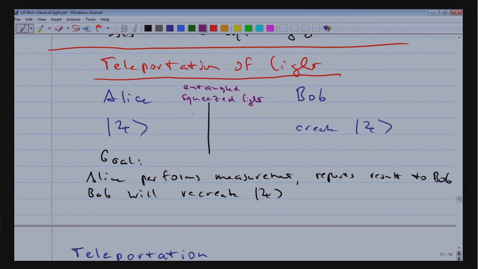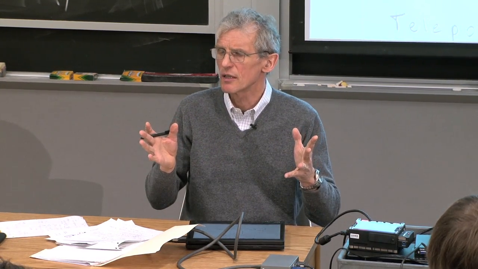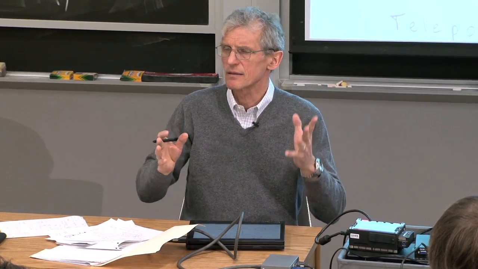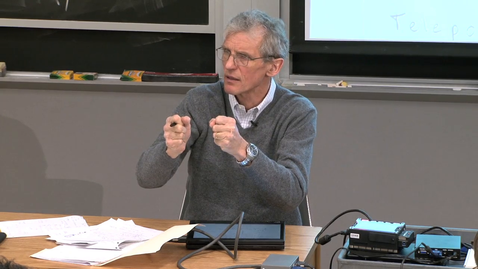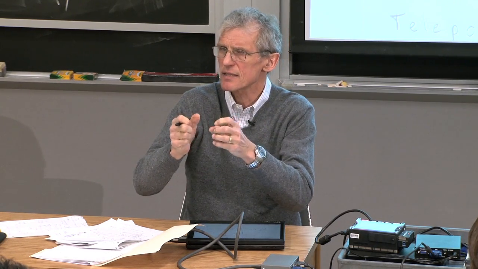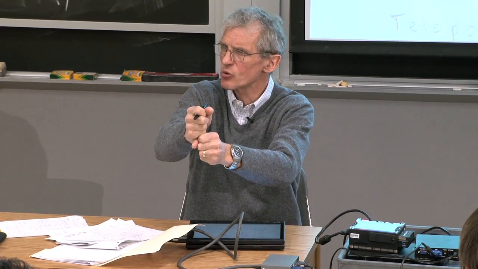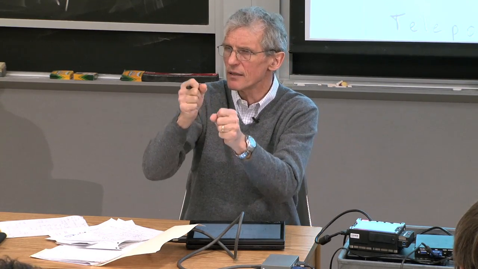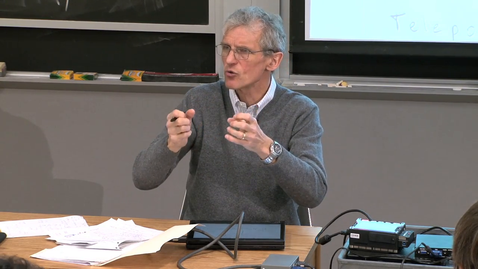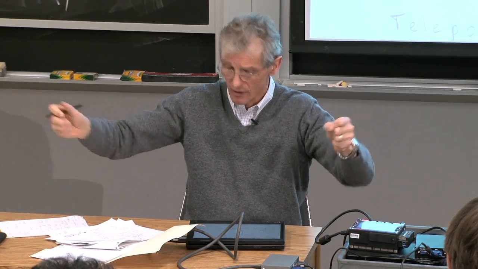I told you that when we generate squeezed light with a parametric down conversion, the parametric down conversion takes a green photon and creates 2 identical infrared photons. Until now, we have discussed that those identical infrared photons go into the same mode, which is squeezed. But now a slight extension of this concept would mean in parametric down conversion, you squeeze something, but 1 photon goes to Alice, 1 photon goes to Bob.